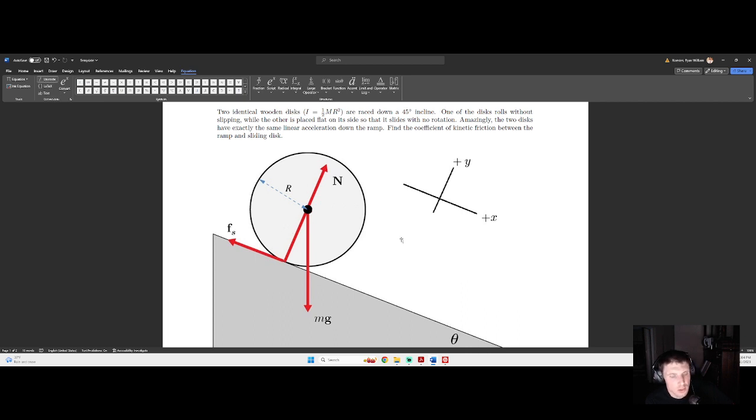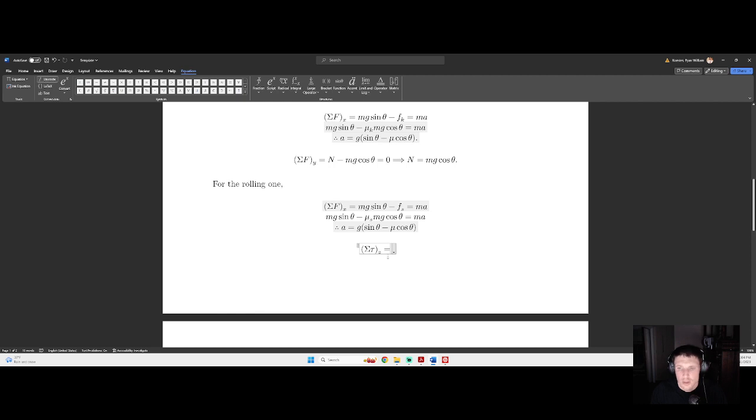We can be a little looser with our convention, and that's what I'm going to do here. So I'm just going to say that the net torque is R F_s. This equals the moment of inertia times the angular acceleration, right? We're told the moment of inertia is just 1/2 mr squared, and the angular acceleration is still the angular acceleration.